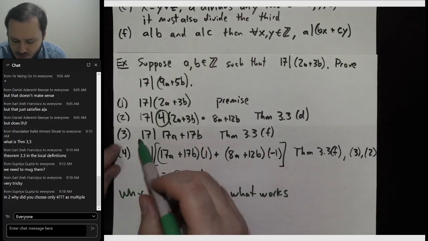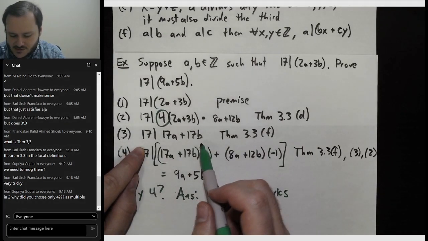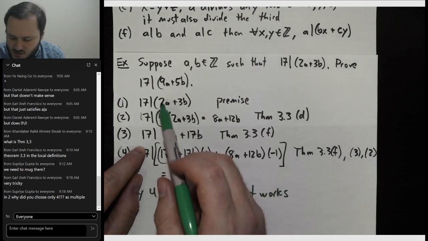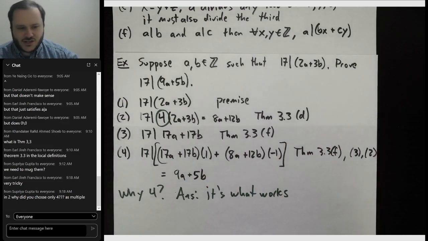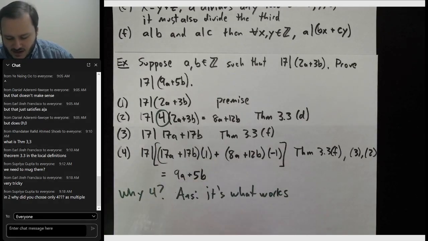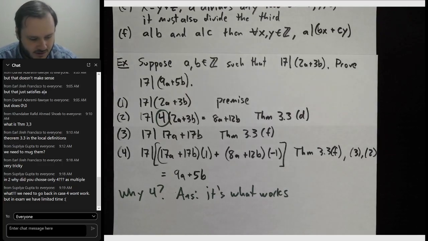I knew this idea was going to be useful somewhere from experience. And then I knew I had to use this 2a plus 3b somehow. So I just played around with some stuff. I tried multiplying by different values. I tried 2, I tried 3. One thing I tried at one point was 9. Here's a thing I tried that didn't work.